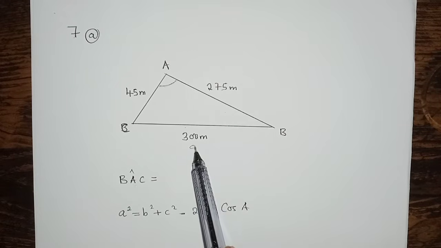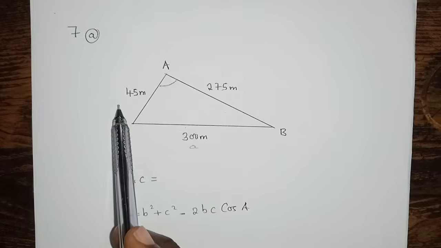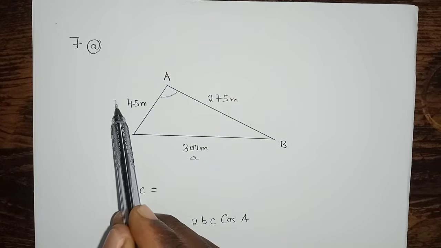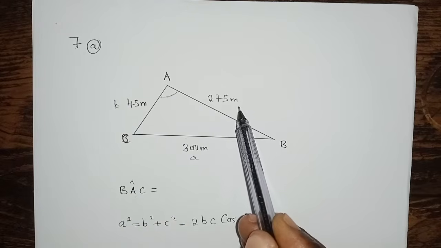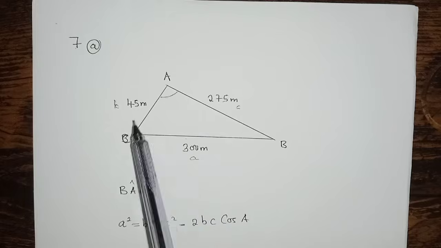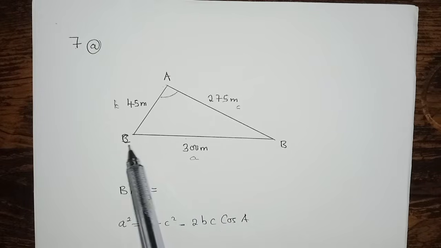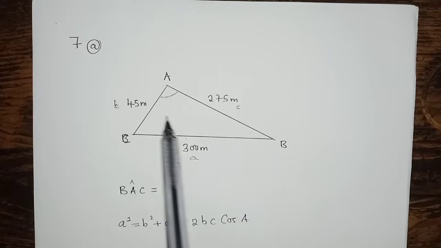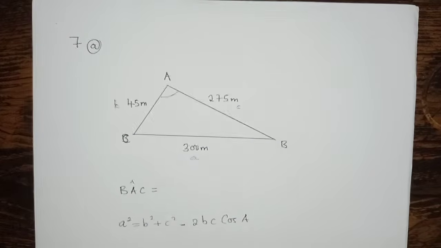This is our small letter a, small letter b right here, and a small letter c. Hopefully you're able to see small letter a opposite angle A, c opposite angle C, b with angle B.